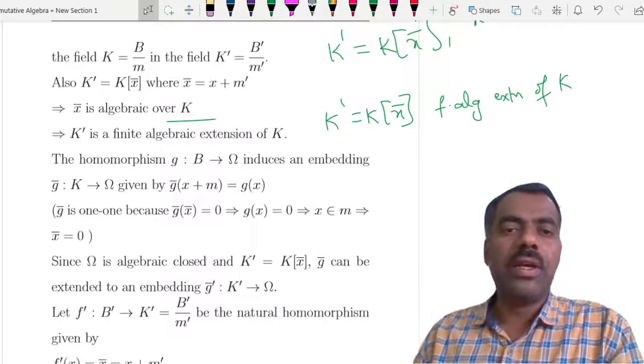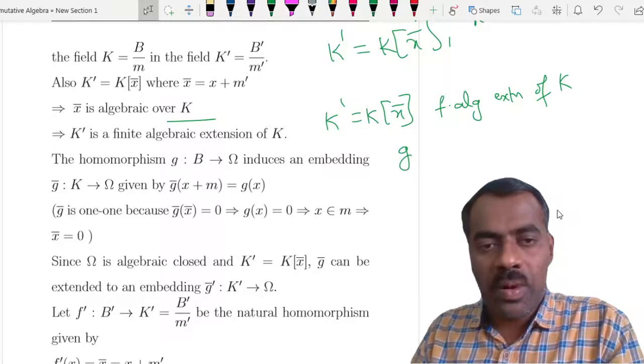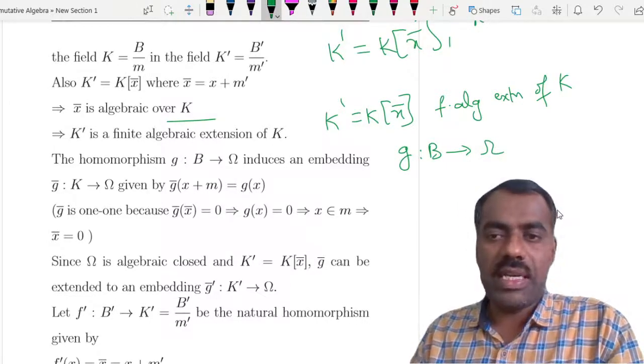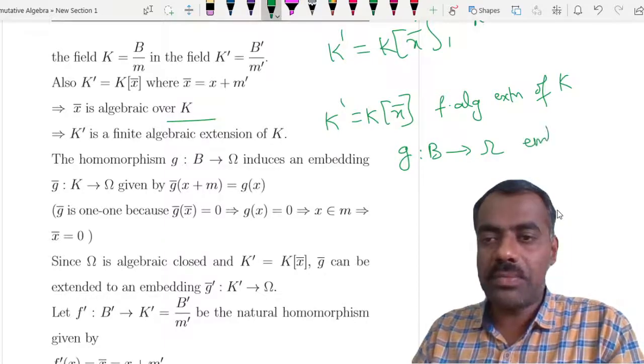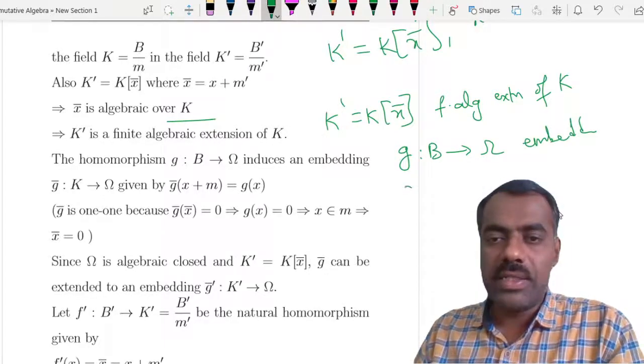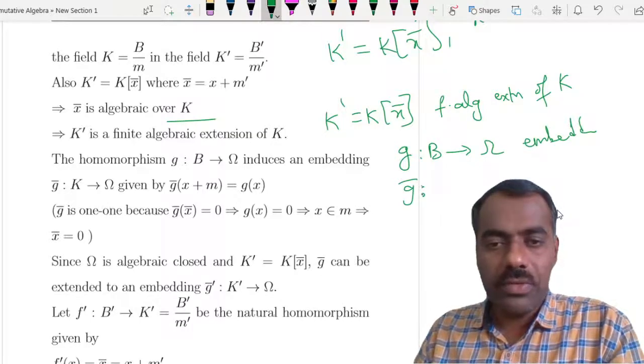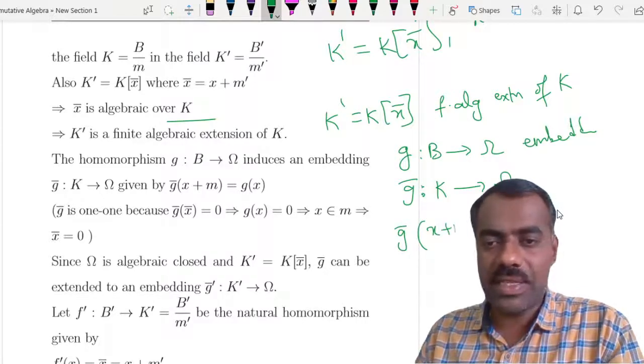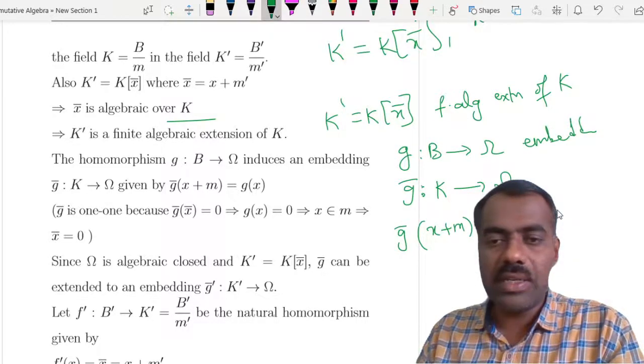Right. So the homomorphism g from B to omega, you can check, induces an embedding g bar from its field of fractions, that is K, to omega. How? g bar of x plus M, simply take this as g of x.